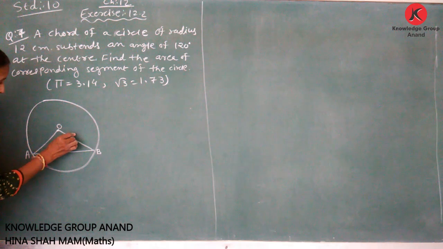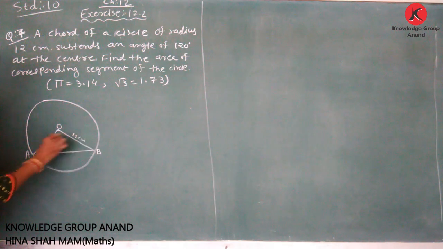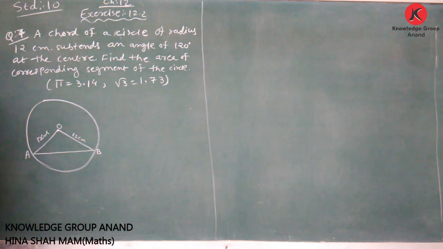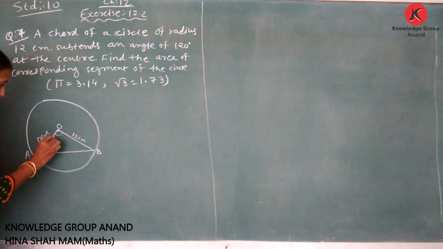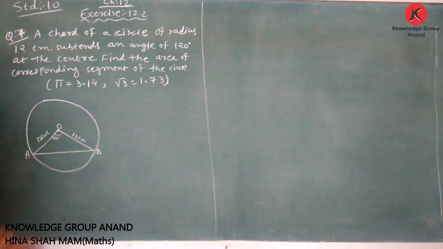Radius 12 centimeter. It is 12 centimeter. Subtends an angle 120 degree at the center. Here this angle is 120 degree. Find the area of corresponding segment of the circle. Area of this part.